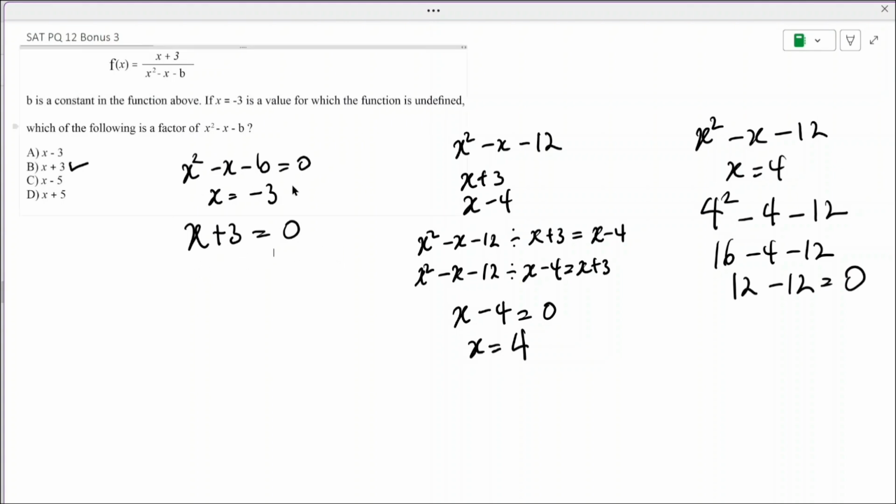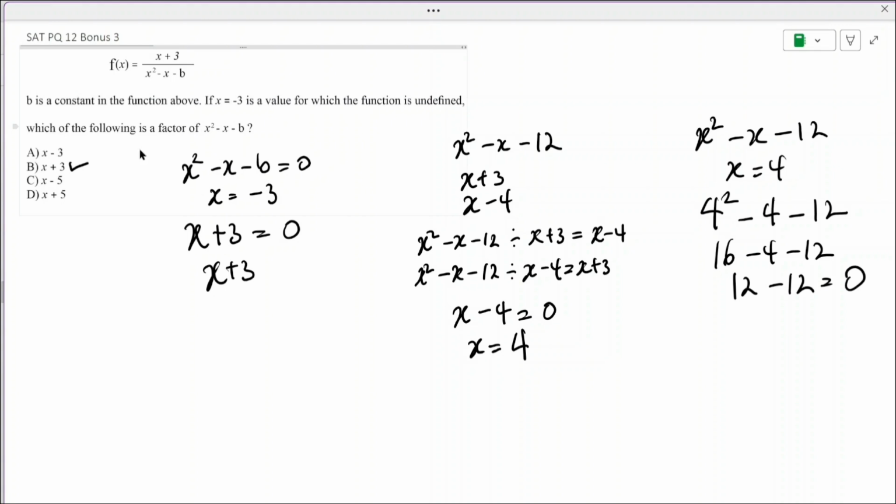Taking out the factor from this, the factor is x plus 3, which is the answer in this case. The limitation of this method is that this might not actually be in the options. In the options, you might actually have x minus 4. And in that case, you might have to find b first. That's just the limitation.